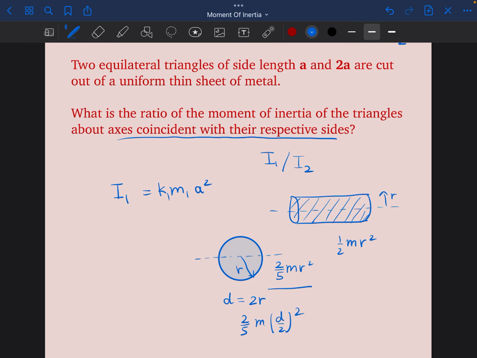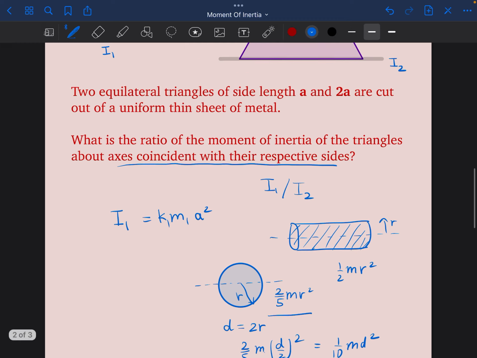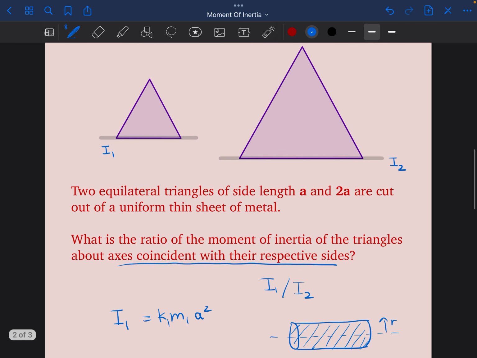So this result can also be expressed in terms of the diameter, but then the constant outside will change, so it will become 1 by 10 md square, but it is still in the same form. It still remains in the same basic form of a constant times the mass of the body times some length. The length can be any particular length in the body, but the constant will change, right?